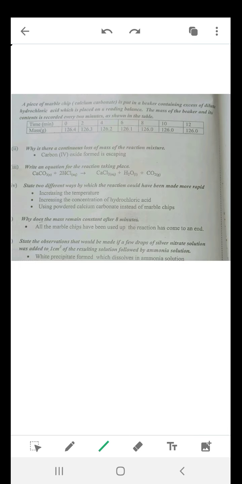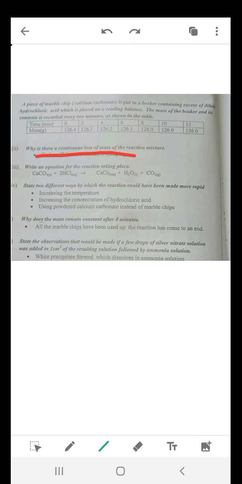It's because carbon dioxide formed is escaping. So here there is an acid, and then there is a carbonate.